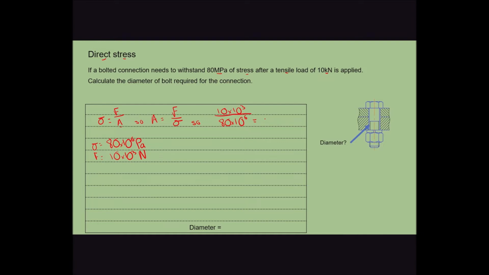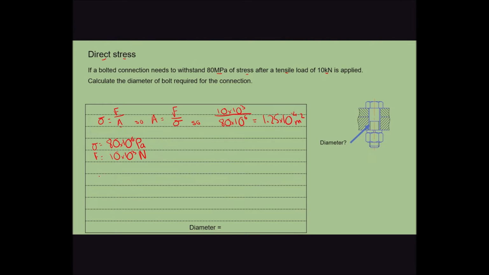So my area here, I'm going to get 1.25 times 10 to the minus 4 meters squared. Now if you press your ENG button, you can turn that into engineering notation, so you get 125 times 10 to the minus 6, but I'm not finished with this information, so I'll leave it as 10 to the minus 4 just now. So I've got the area of this bolt.